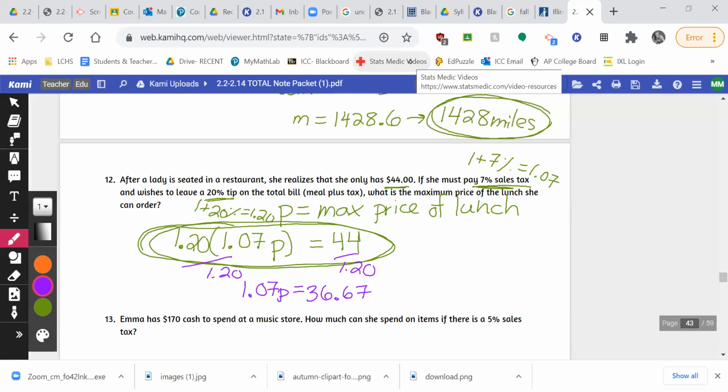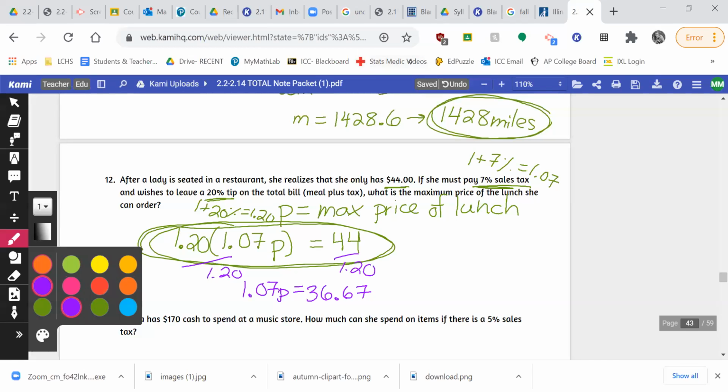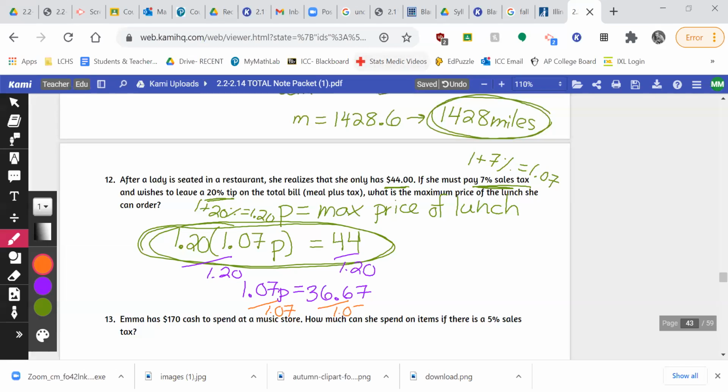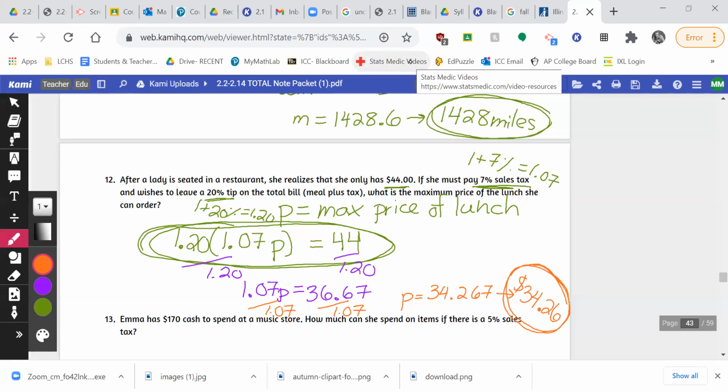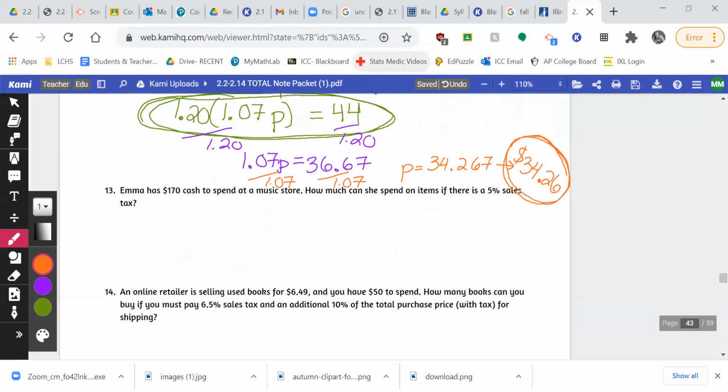And then divide by 1.07, and you get 34.267. Remember, you want to make sure you have enough, so you're going to round down. 34.26 is how much her meal can be before the tax and the tip.